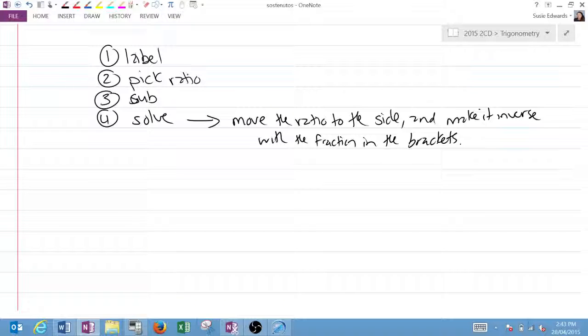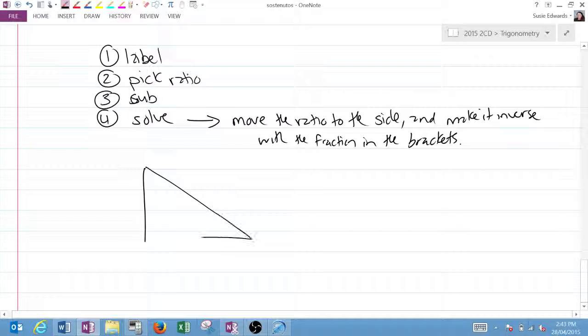So, for example, I don't know what the angle is, but I know that this is 5. And this is 4. Actually, we'll do the other side. And this is 4.